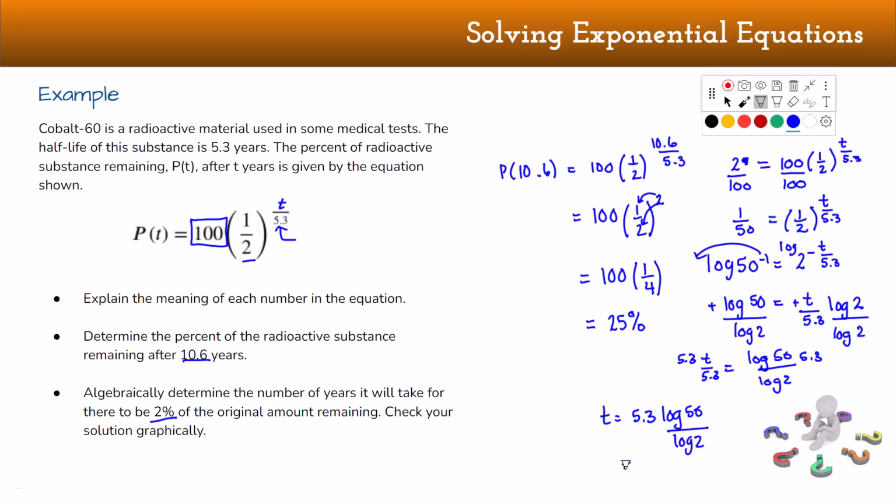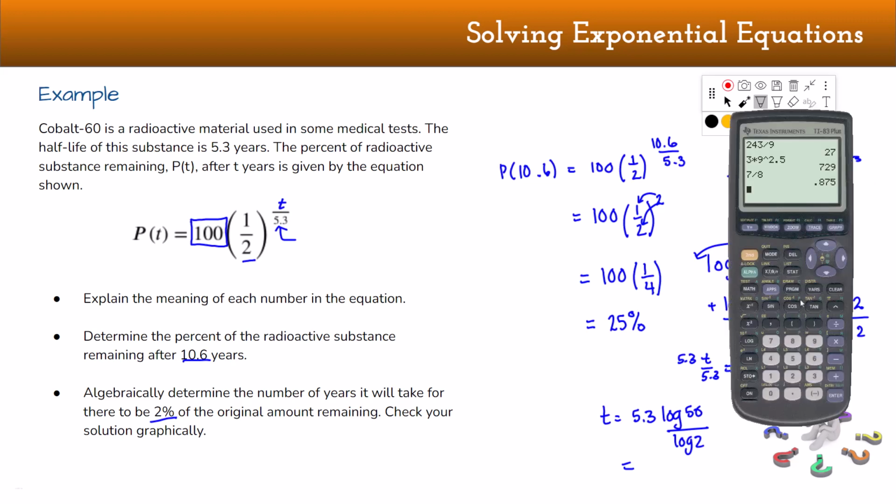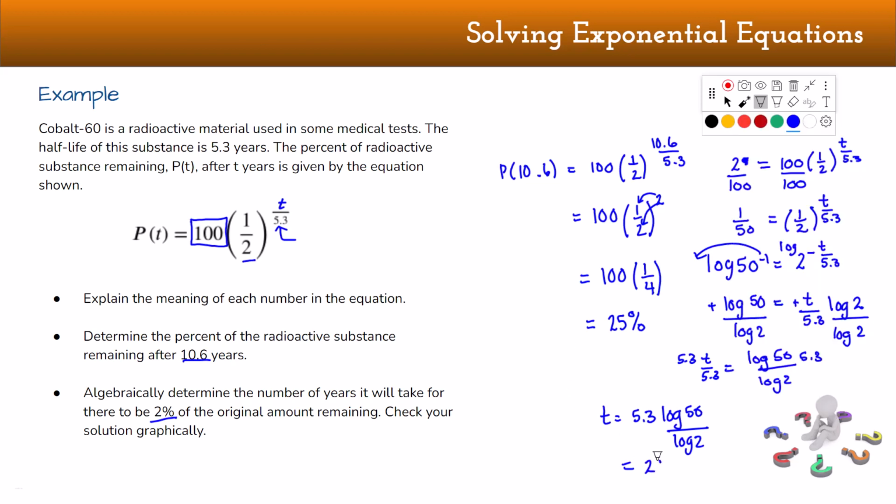And let's go ahead and just get an approximate value for now. So 5.3 times log of 50 divided by log of 2 gives me 29.912, and that's in years.